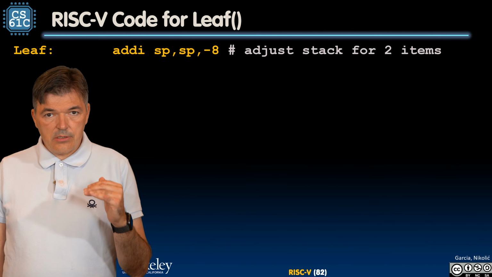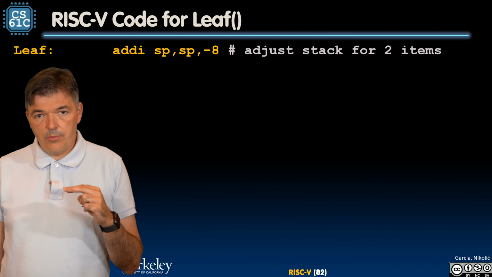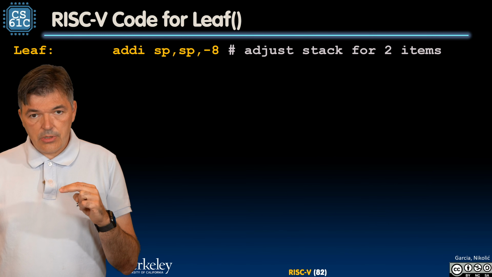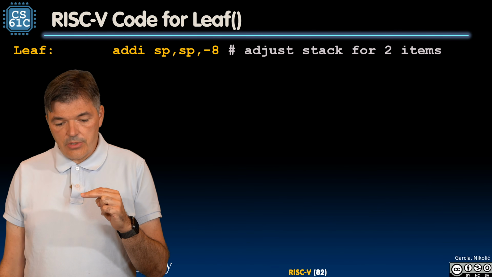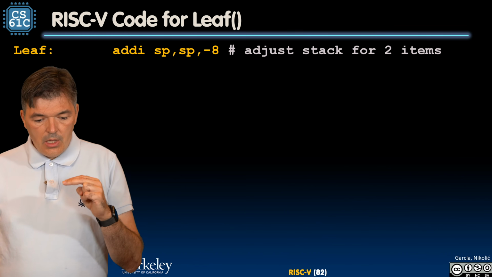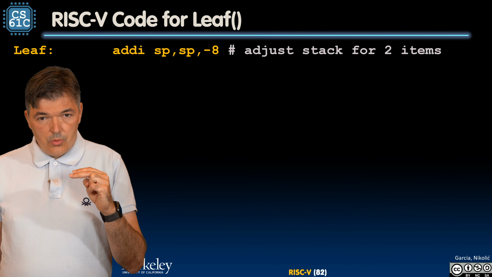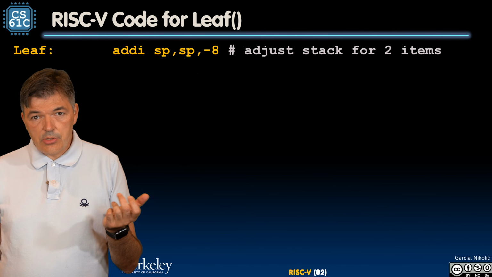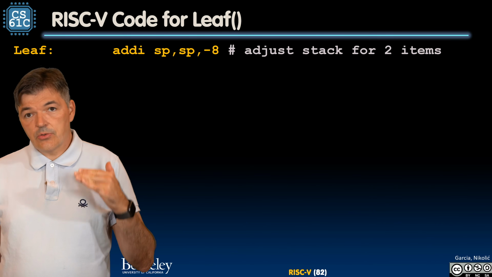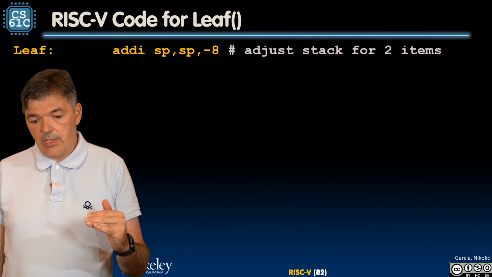First, since there are 2 variables that need to be stored, we need to make room on the stack for storing them. How many bytes do we need to store 2 integers? We need 8 bytes, so we are going to decrement the stack pointer by 8.